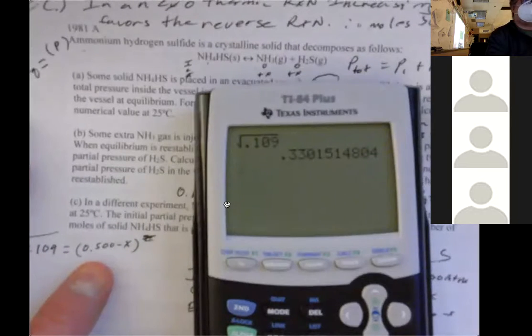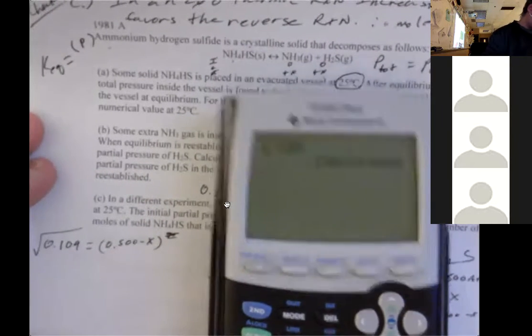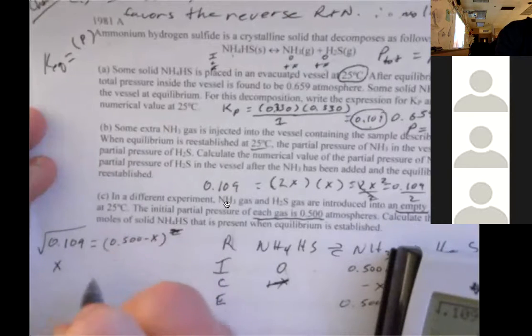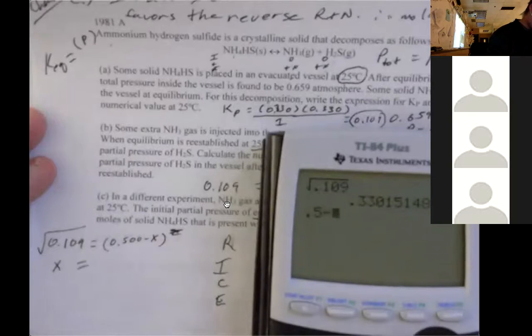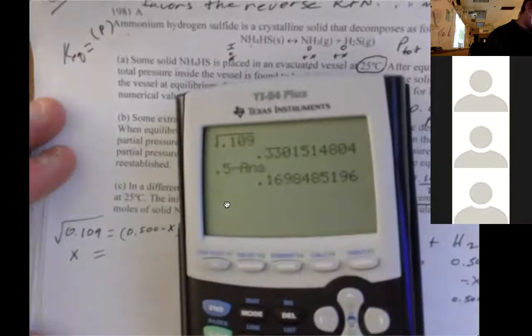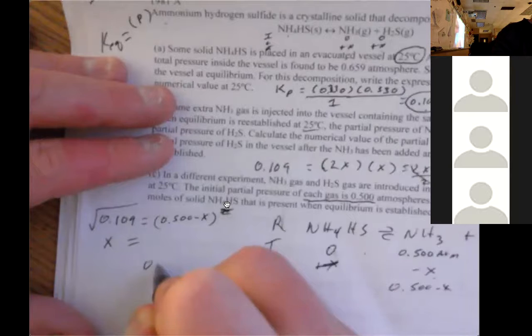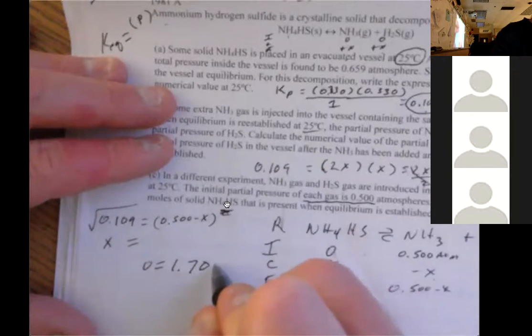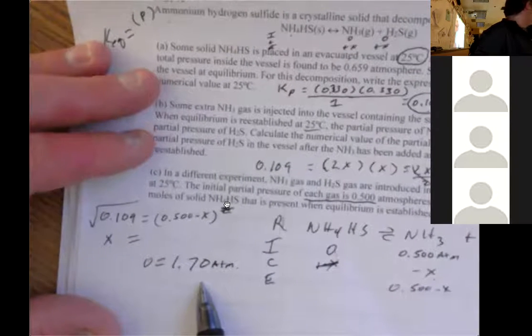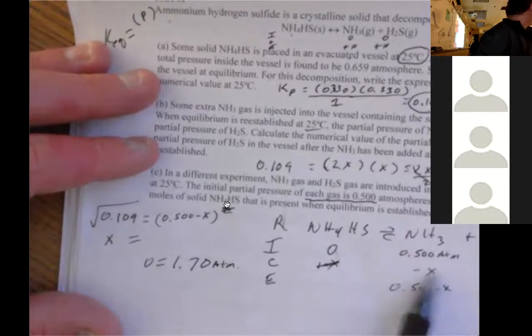And then what? If we got 0.500 minus X, we go ahead and we have X over here, and we subtract that 0.330 from it. So we get 0.5 minus the 0.330. That gives us 0.170 atmosphere. So that's the X. So that's how much we've lost of each of these gases.